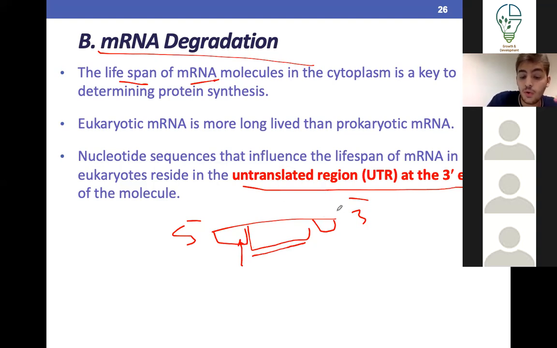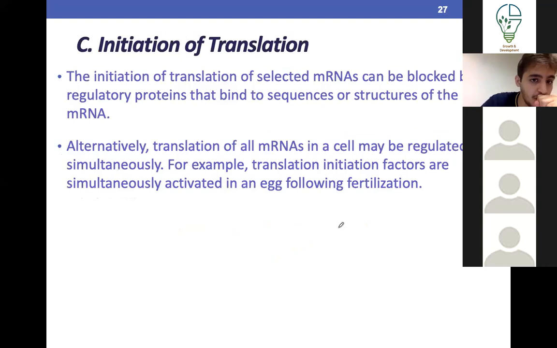Another thing to add, and this is actually very important, is that the UTR in the 3' end will determine the half-life. If it has a sequence which promotes degradation, it will produce less protein. So that's one thing you should keep in mind. Just because you have an mRNA doesn't mean it will get translated.